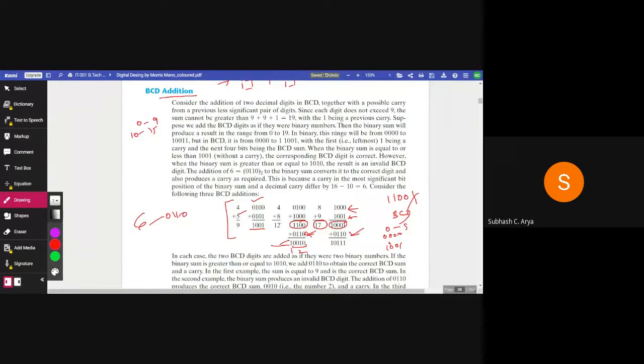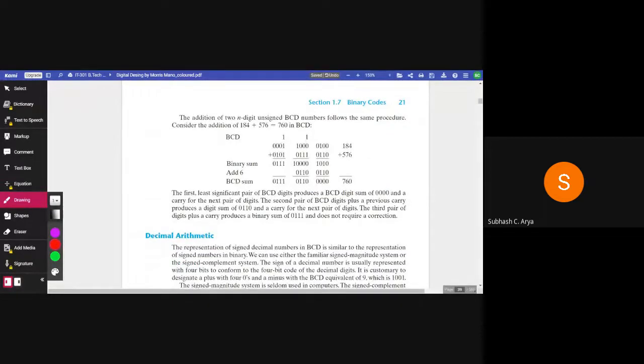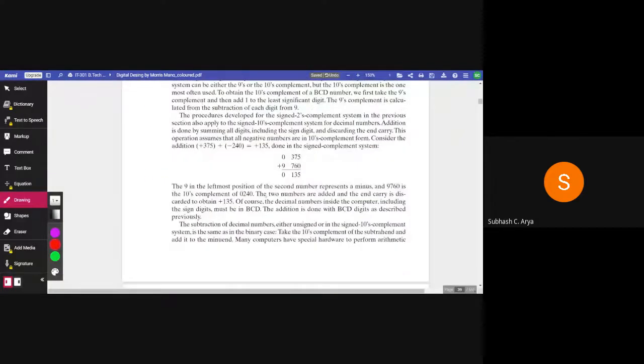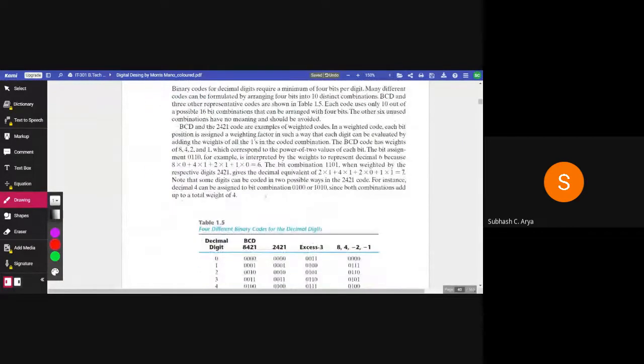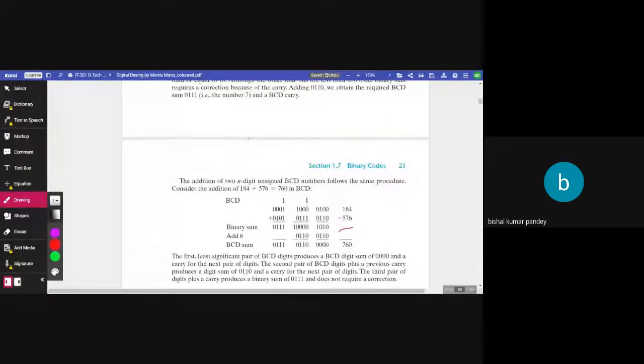Okay, so this is the BCD, and then the carry out, 6. The same example is given here. Excuse me, sir, one more. Sir, in the previous case, you told us that if we have a carry in the sign bit's place, we discard that.